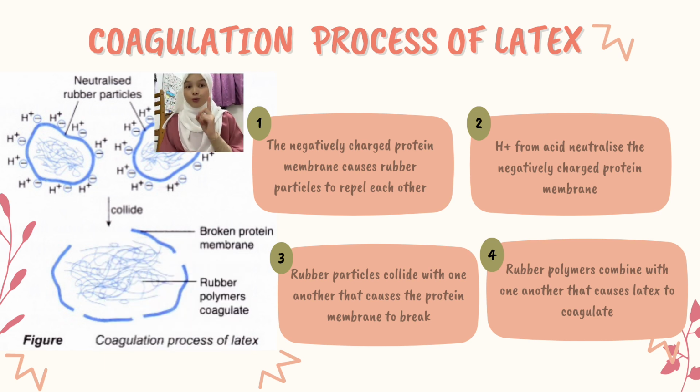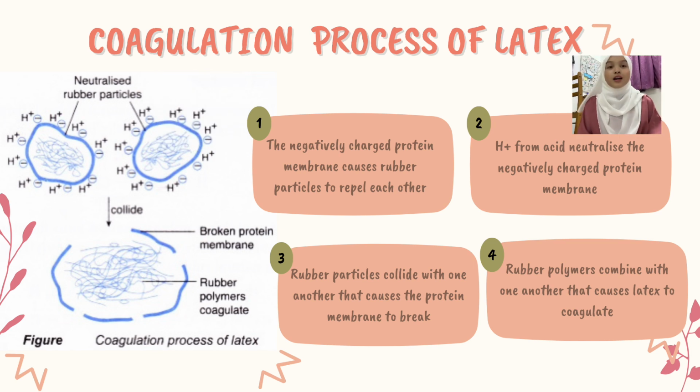Okay, number 1, the negatively charged protein membrane causes rubber particles to repel each other. That's why the latex is in the form of liquid. Number 2, the hydrogen ions from acid neutralize the negatively charged protein membrane.